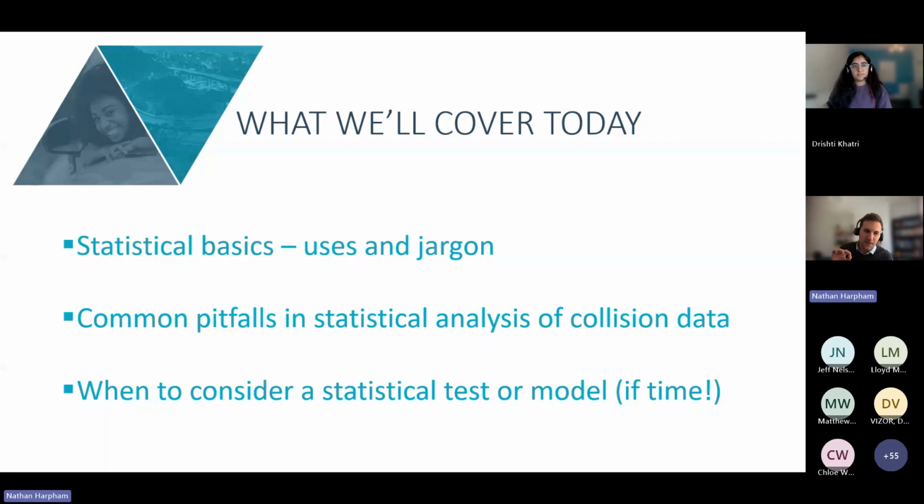And then if we have time, and this is a big if, because when Drishti and I were putting this together, there's a lot of stuff we thought we could say as a bit of an intro. So this is at the end. If we have time, we'll talk a bit about when you might need to consider a stats test or a stats model as a bit of a preamble before future webinars in this series that will dig into some of that in a bit more detail.